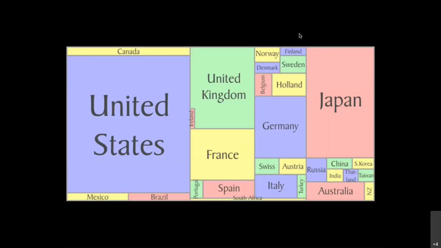But if I'm looking at this and I only have a certain amount of money to spend, I'm going to be promoting my music in the United States, Japan, United Kingdom, Germany, and France, because that's the biggest amount of money that's going to be coming in. So I'm going after the big bucks and not necessarily after the smaller countries. It's going to take some money to market in those countries as you go through your career.